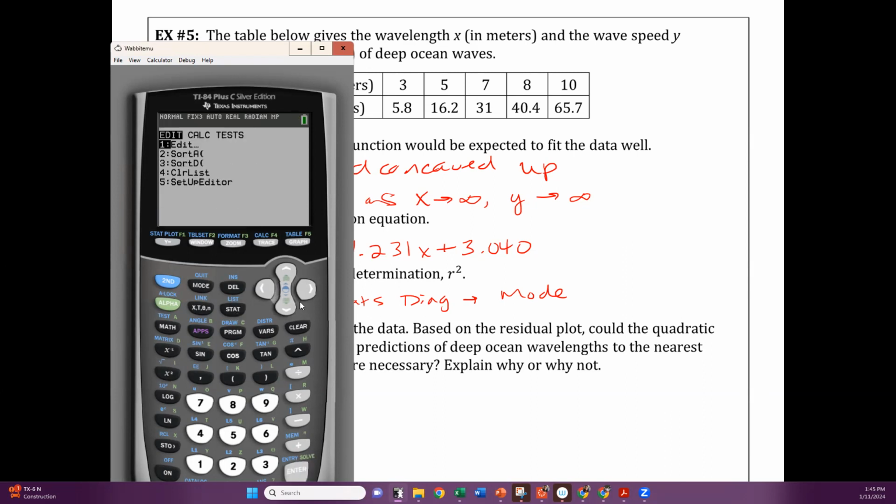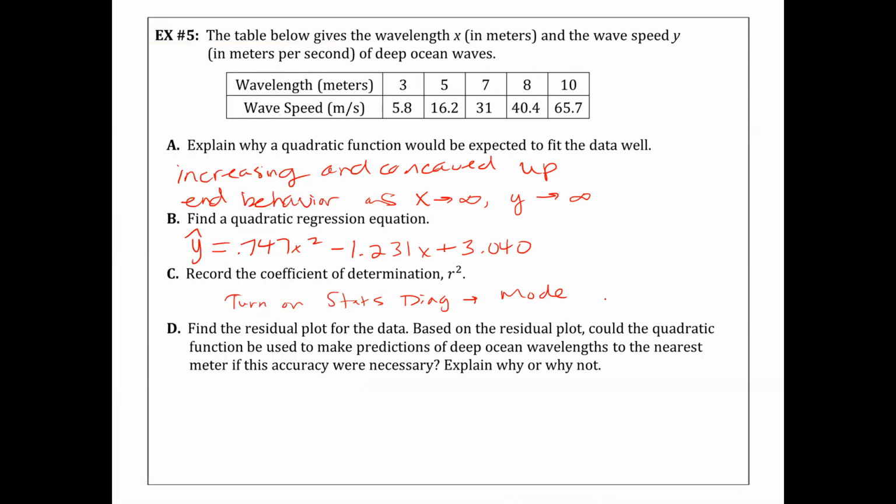And now I'm going to run it again. Stat, calc, 5, enter, and it's going to give me my R squared. My R squared is basically 1 at this point because I rounded. It says R squared equals 1.000. Now notice, because I'm in float 3, that's why these numbers are saying 1 and perfect zeros, and that's why it looks that way.